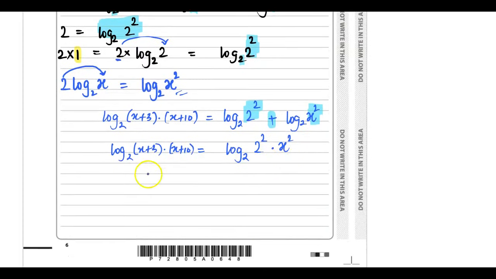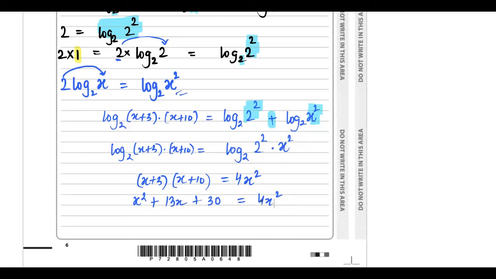The same bases, we can eliminate them, and we're going to be getting x plus 3 times x plus 10 equals 4x squared. Okay, let's expand the brackets. If we expand the brackets, we're going to be getting x squared plus 13x plus 30, and there it is 4x squared.